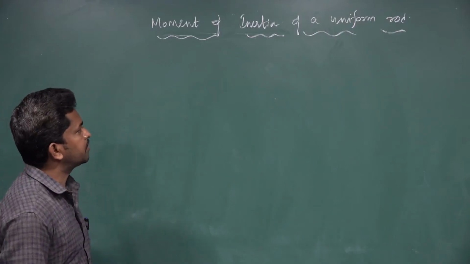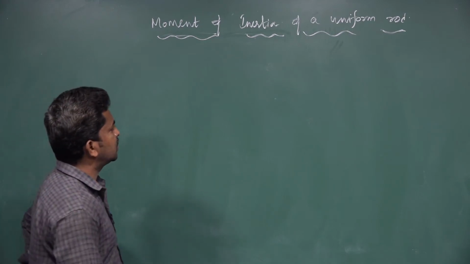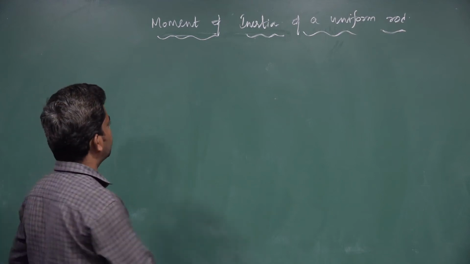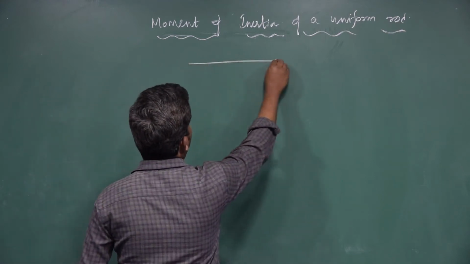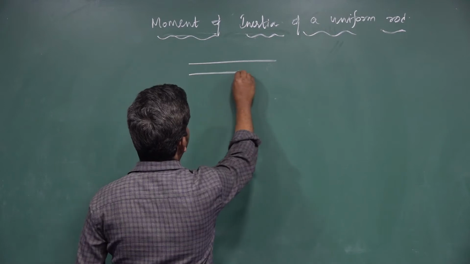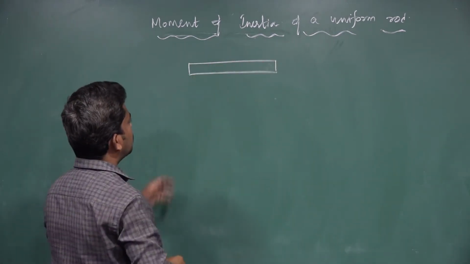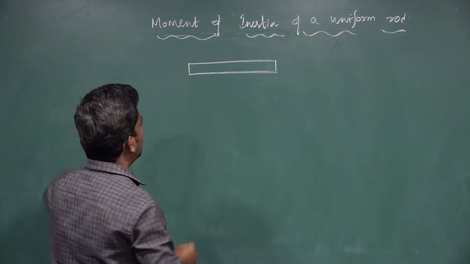Moment of inertia of a uniform rod. I want to calculate the moment of inertia of a uniform rod. The mass is distributed uniformly through the rod.